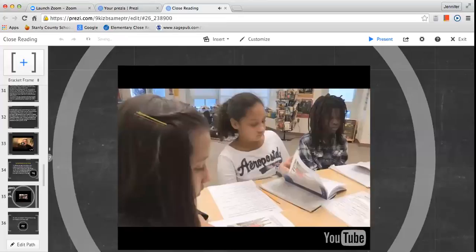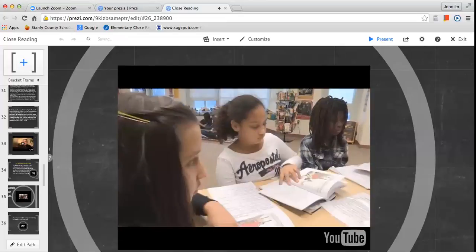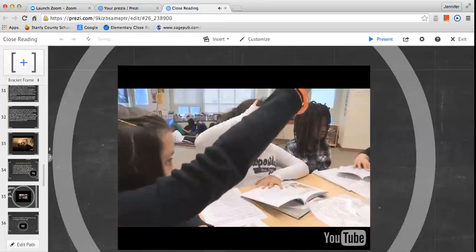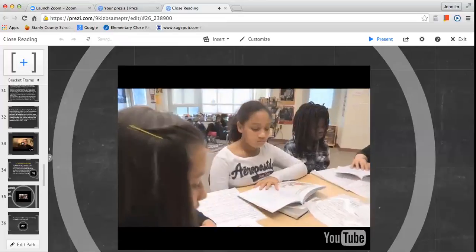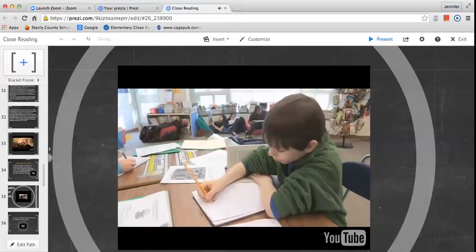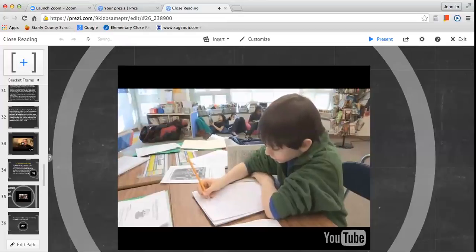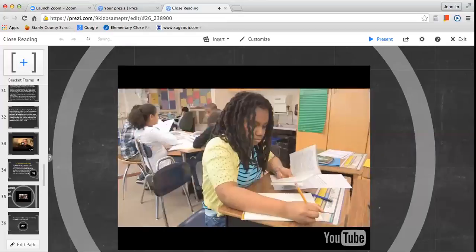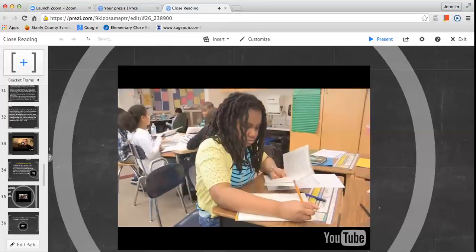And it really just has the students internalize the text and understand it on a deeper level. The Common Core standards are extremely rigorous, and they really ask the kids to go to a much higher level.